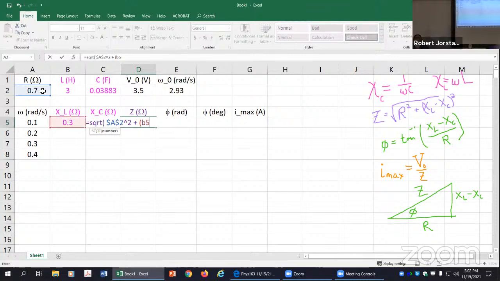Does that need to be a constant? Is XL going to change when I go to a different value of omega? Yes, so let's keep it in there. And then what was XC? C5. Do you agree that one also should be changing? I've put a couple of spaces in there to make it easier to read. Is everybody okay with that?